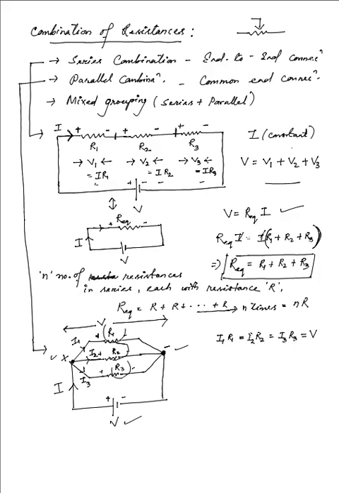And because of that, what we have is that I1 is equal to V by R1. Similarly, I2 equals V by R2, and finally I3 equals V by R3.